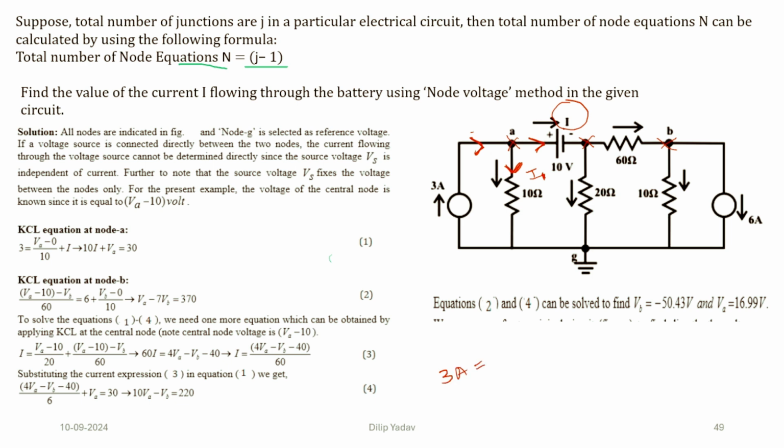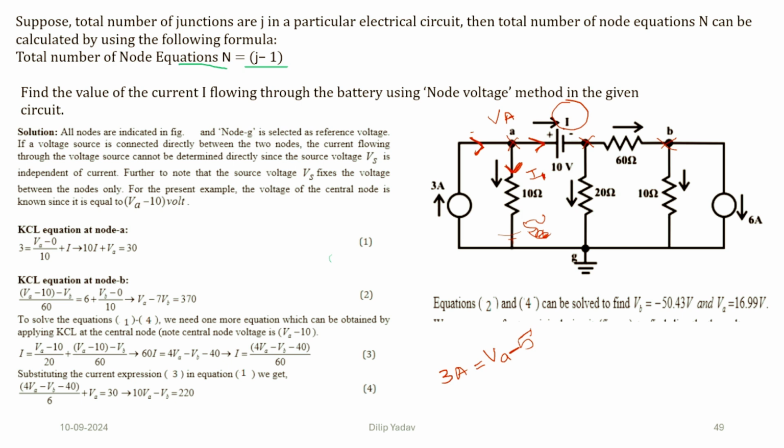If I say this is the potential VA, it will be VA minus, what is the resistance? No resistance, no voltage sources attached. For example, if there was a voltage VB, or it was 5 volt, then I would write VA minus 5.